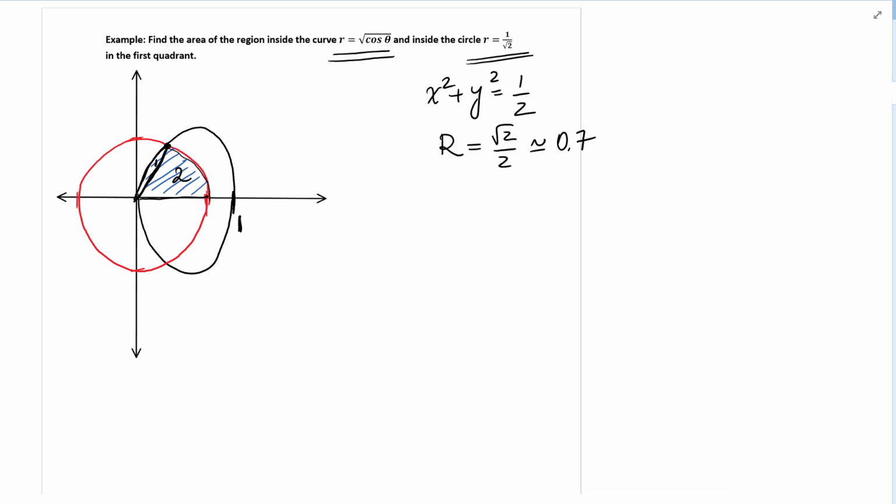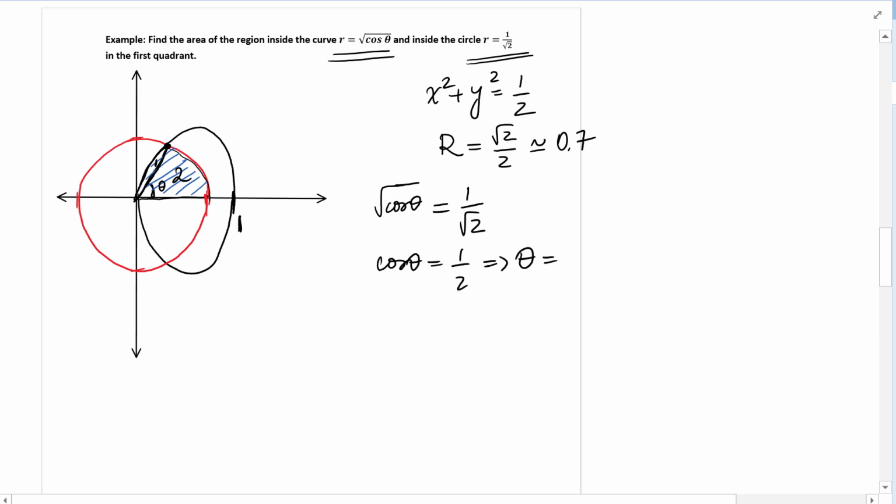So let's see. What is this angle theta here? Where does square root of cosine theta equal 1 over square root of 2? So cosine theta equals 1/2, which means theta equals pi over 3.